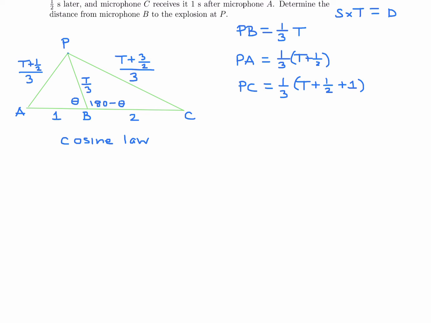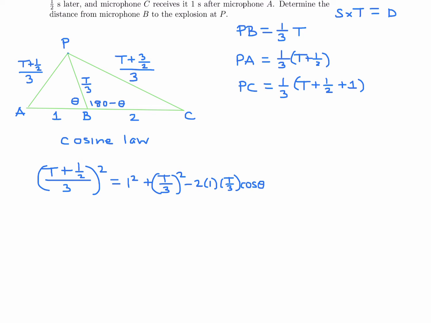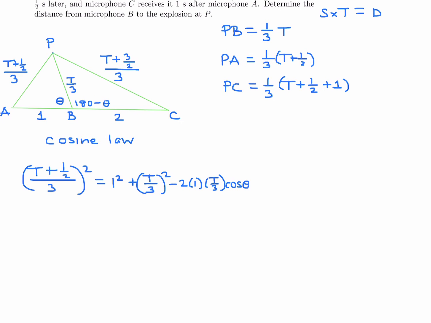So here we go. We've got ((t plus 1/2) over 3) squared is equal to 1 squared plus (t over 3) squared minus 2 times 1 times t over 3 cos theta. Pretty good.